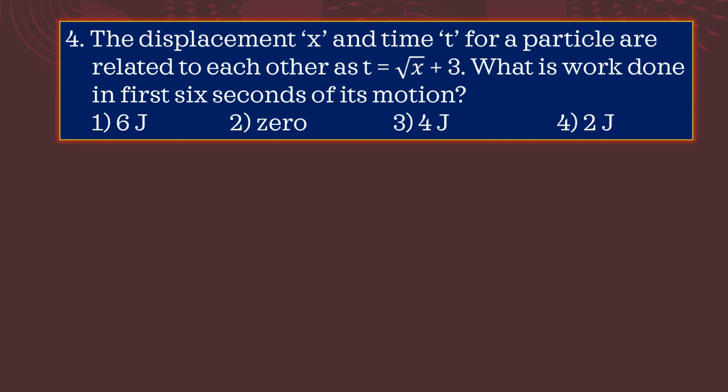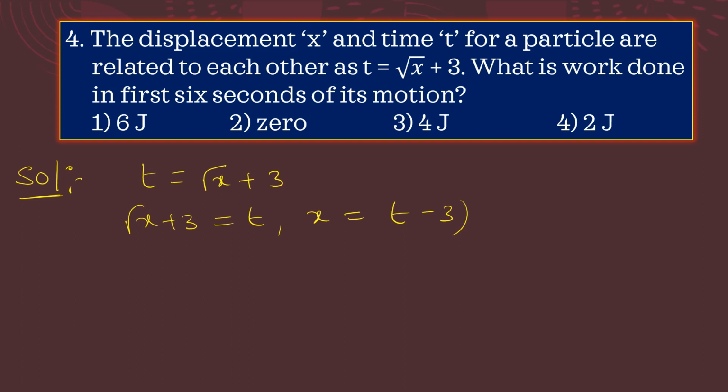Given t equals root x plus 3. From this it can be written as root x plus 3 equals t, or x equals (t minus 3) whole square.